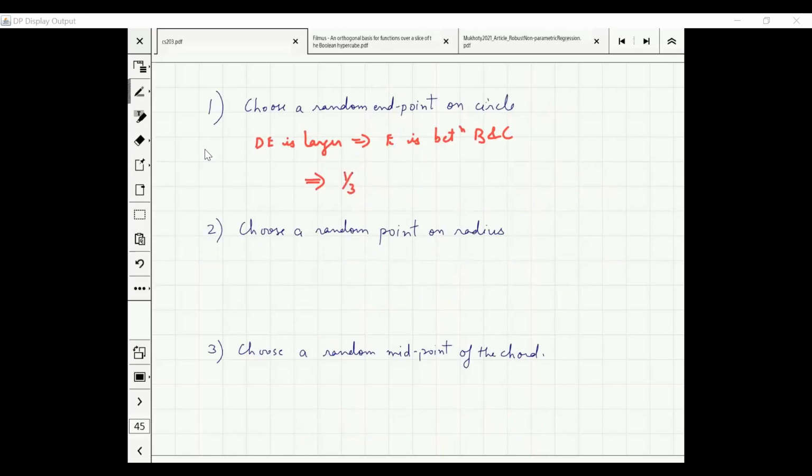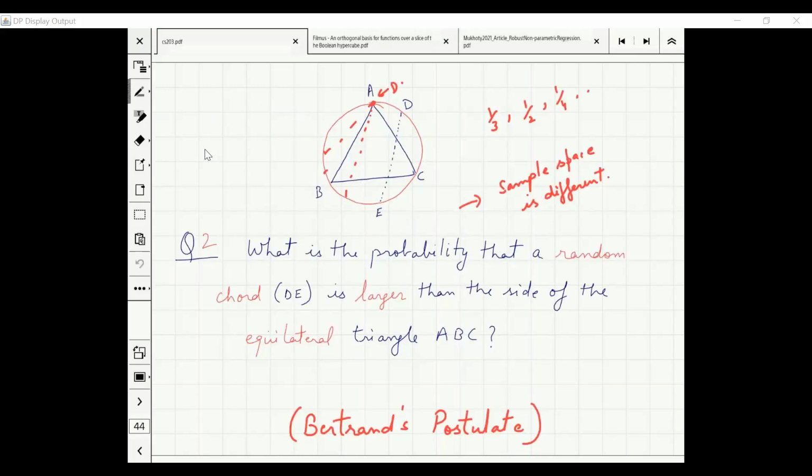Okay. Now, another way to pick a chord. This is a different sample space. Let me look at this radius, and I will say that the center of my chord is going to lie on this radius. So my chord could be here, here, and here.